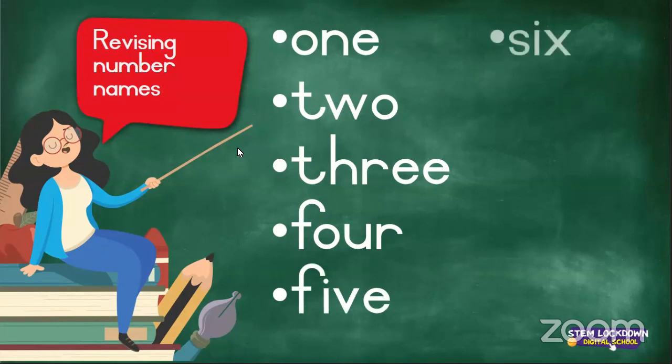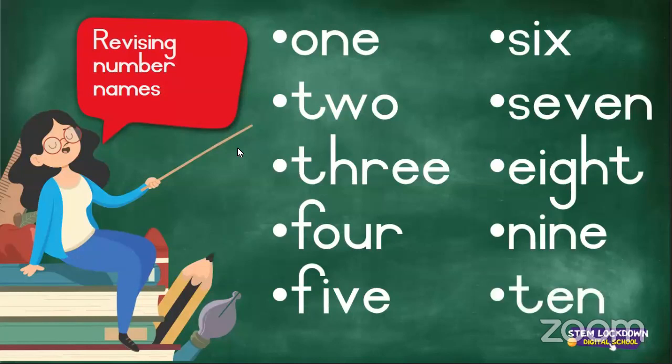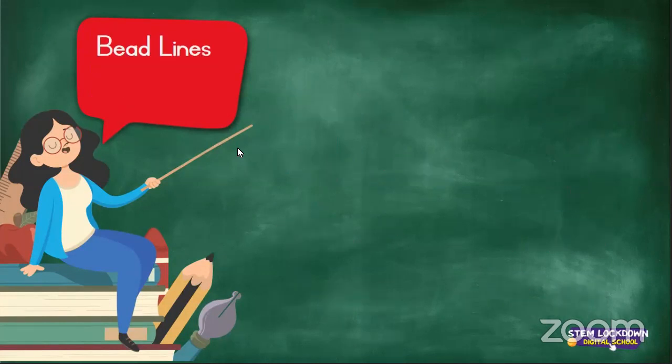Good. 6, 7, 8, 9, and what is the last number name we learnt about? 10. Very good. Right, so you're all able to read the number names and you're also able to write the number names. Well done, grade ones. You're all working so hard.